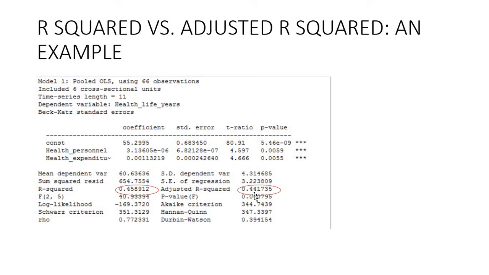In this case the gap is not that big because I have only two independent variables, but it would increase as the number of independent variables increases. So please keep this in mind, and when you analyze model output with multiple independent variables, concentrate on adjusted R squared, not on R squared itself. Okay, that was it, and I thank you for your attention.